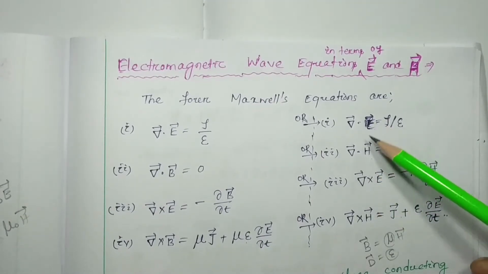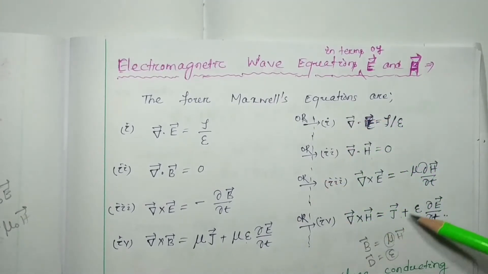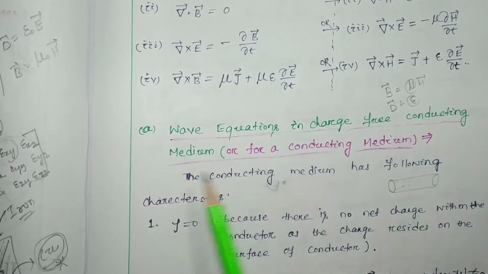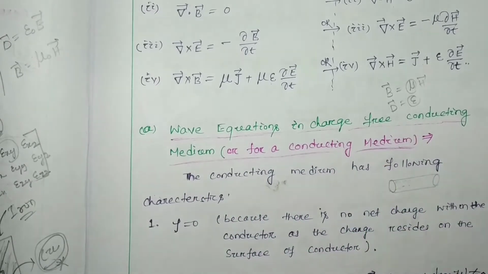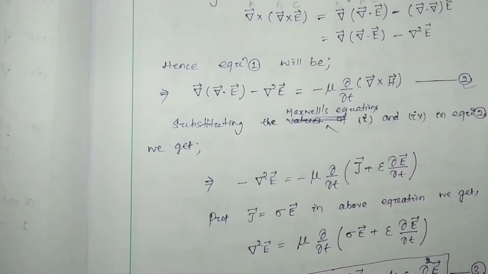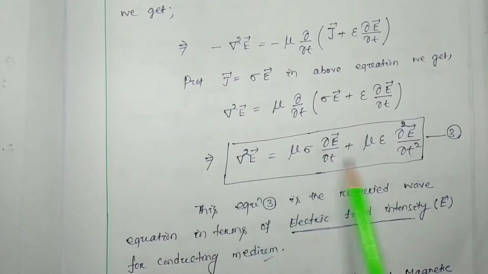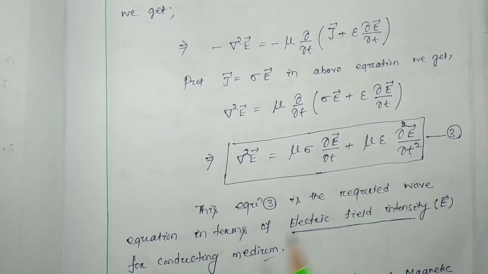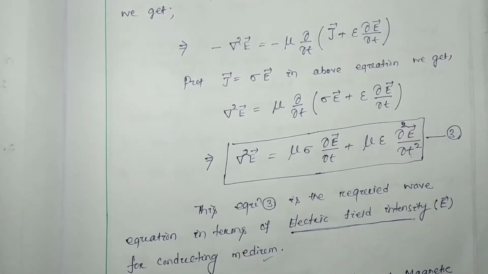By considering Maxwell's equations in this form, we derived wave equations in a charge free conducting medium, or for a conducting medium generally, and we found this expression, which is your wave equation in terms of electric field intensity.